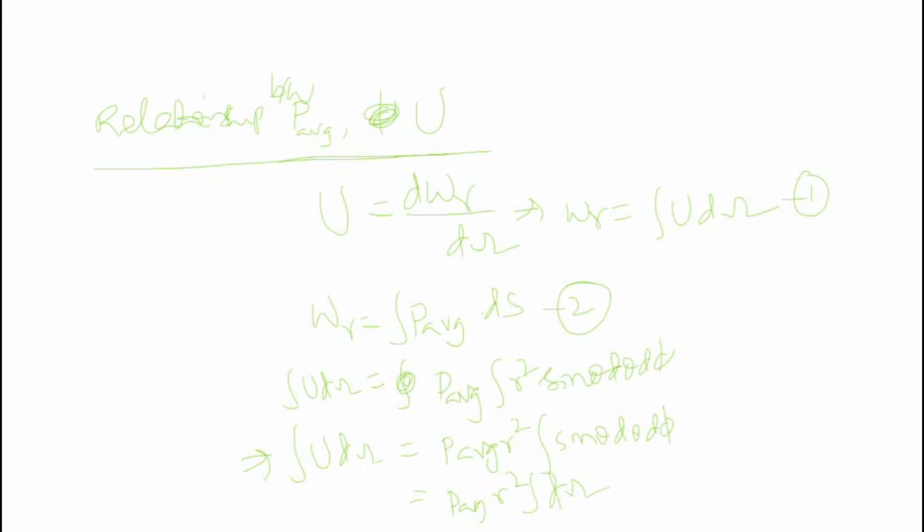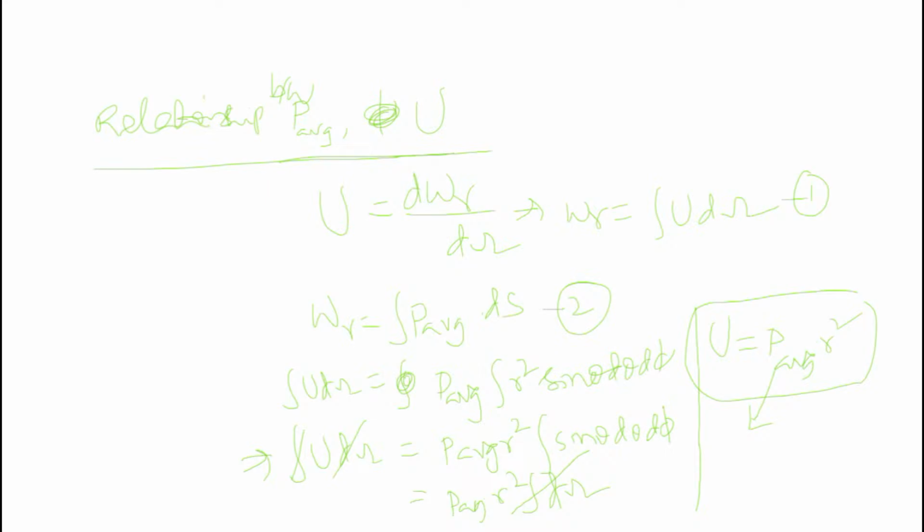Yes, this integral d omega cancels. Therefore, U can be written as what? Hence, you can write U as P average into r square. P average is what? Average Poynting vector or average power density. This is the relationship between radiation intensity and Poynting vector.